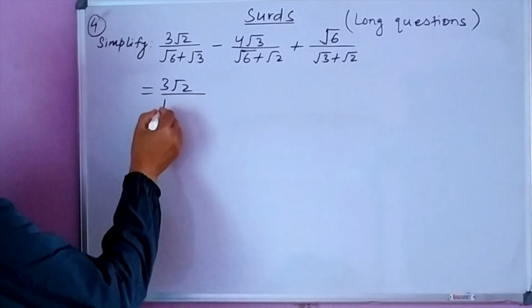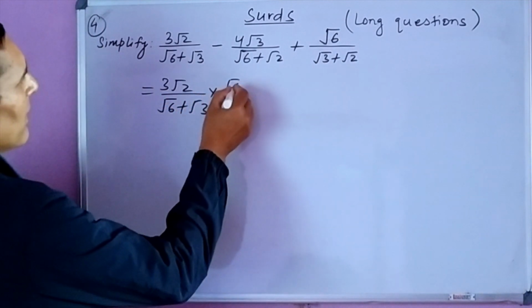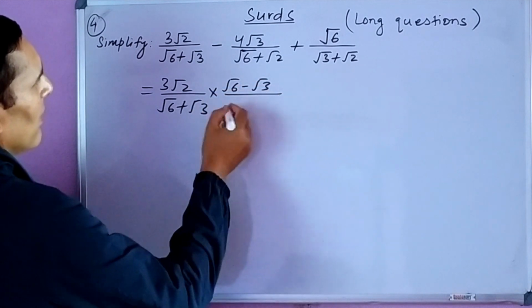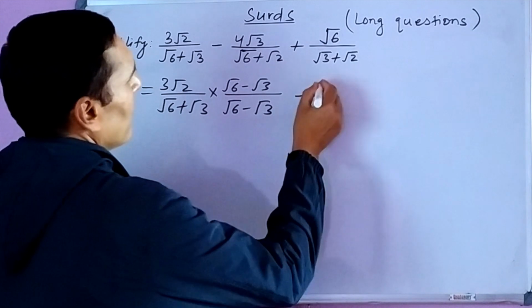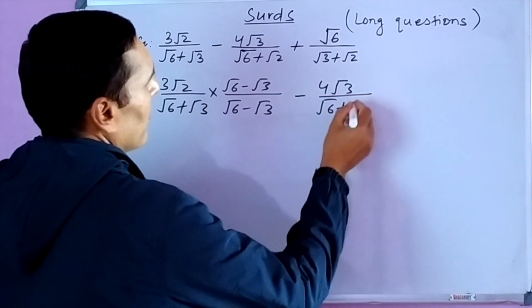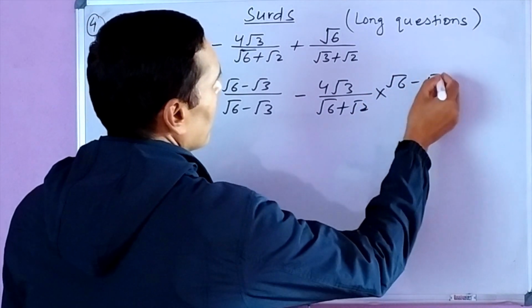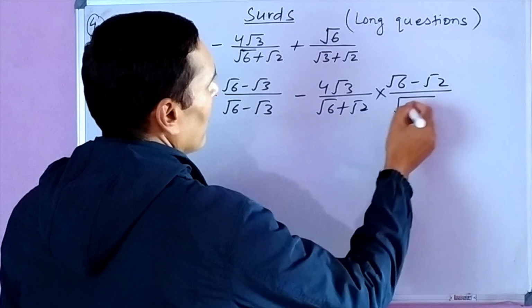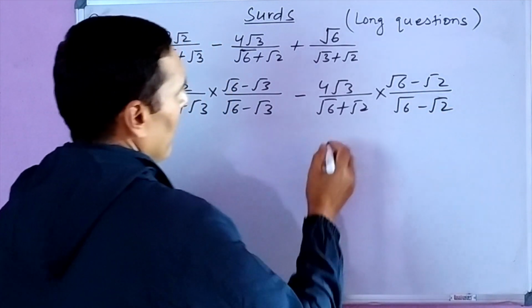3 root 2 upon root 6 plus root 3 into root 6 minus root 3, root 6 minus root 3. 4 root 3 upon root 6 plus root 2 into root 6 minus root 2, root 6 minus root 2.